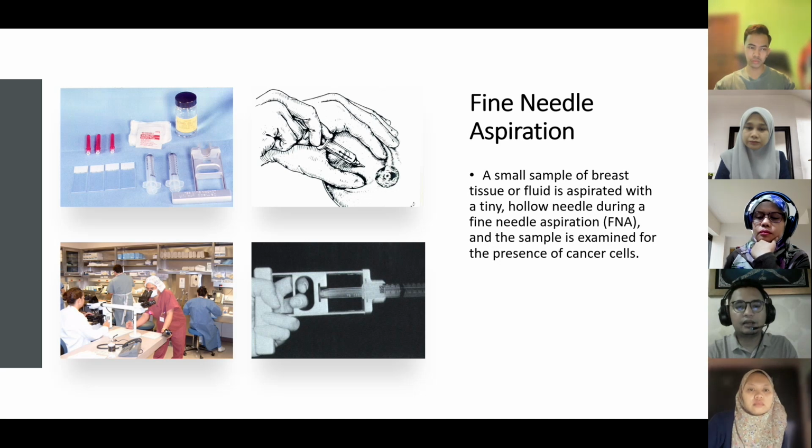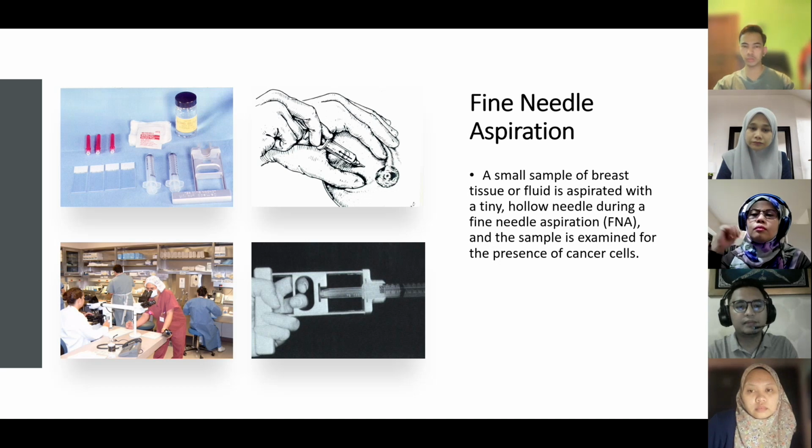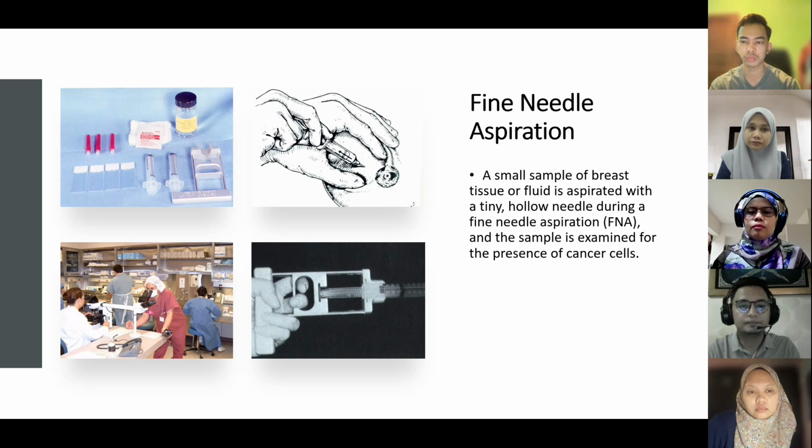The sample is examined for the presence of cancer cells. So this FNAC is a screening method, not a confirmation method. But it can help to screen for cancer cells. Then it will be examined under the microscope to search for the presence of cancer cells.